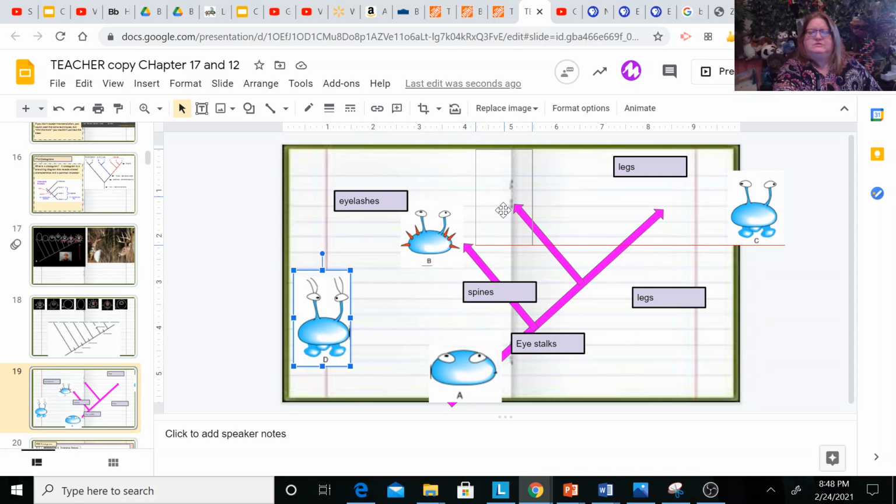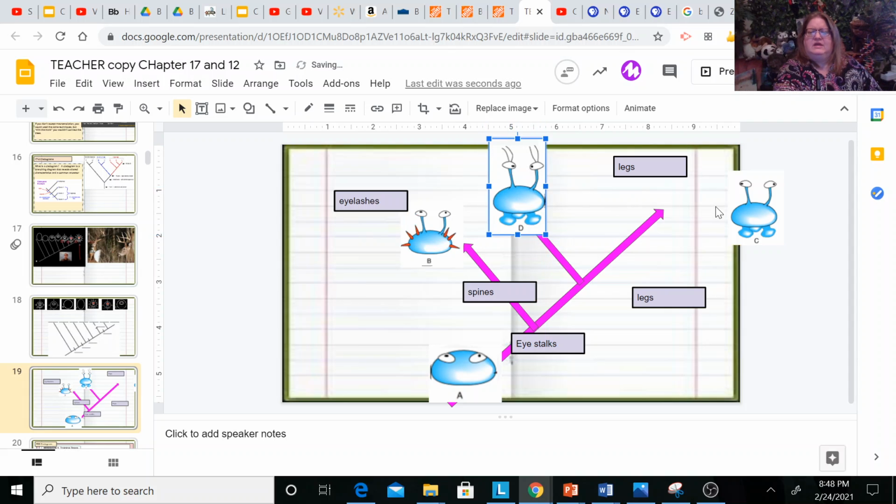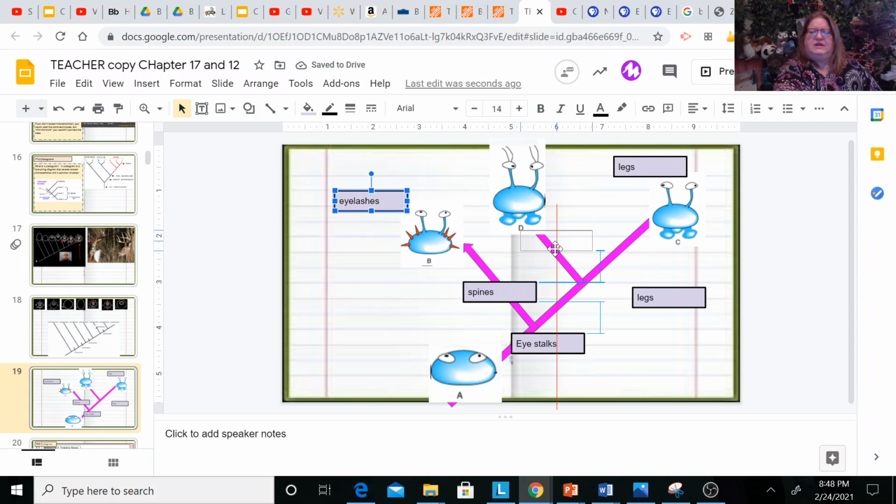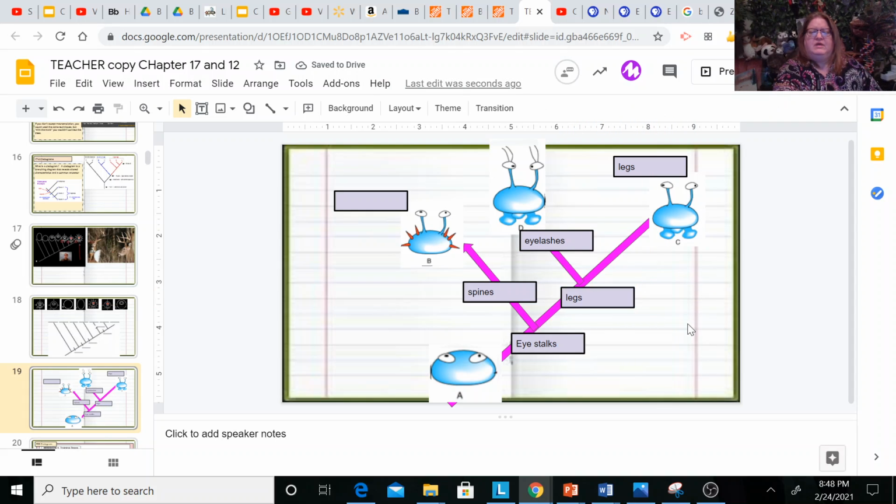And over the years, what most people agree, and that would be that if we put C and D here, and then we would put eyelashes there, and legs below that branch point. And then if we have done this correctly, we would find everything makes sense.